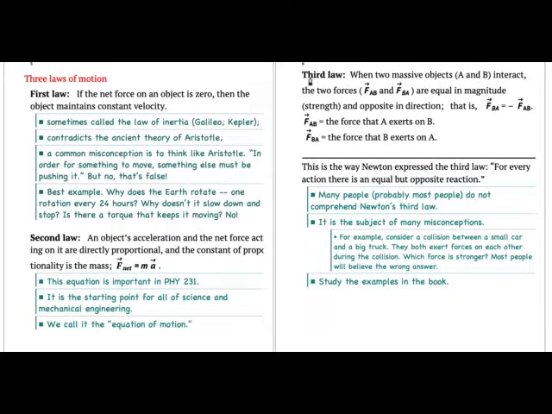So in order to have a force, you have to have two objects. You have to have one object which exerts the force, and another object which experiences the force. A force is a push or a pull. Consider a push. Well, there's one object pushing, and then there's the other object being pushed. There have to be two objects.